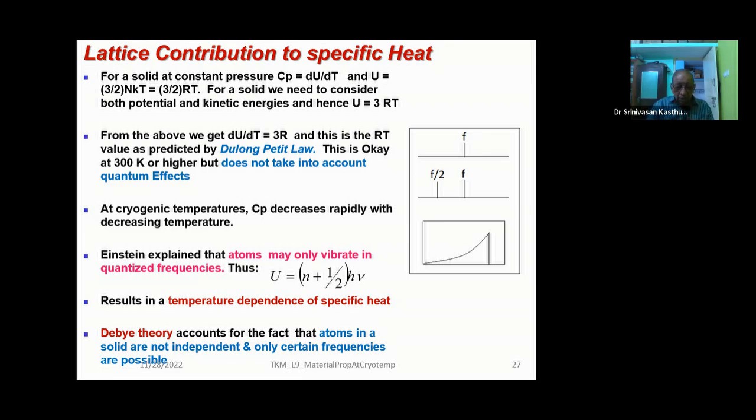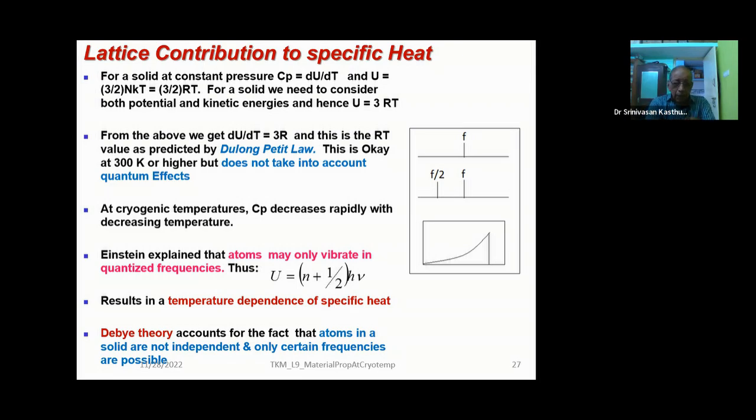That is a base value along with its multiples. That's what it can have. So Einstein said that the atoms vibrate in quantized frequencies, and this explained the temperature dependence of specific heat. But it did not explain the results completely.